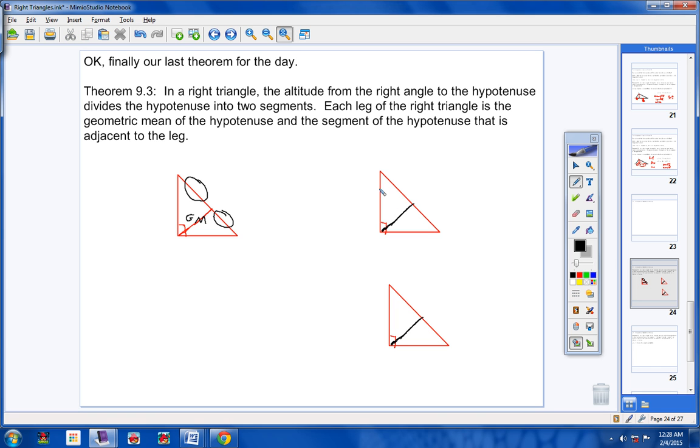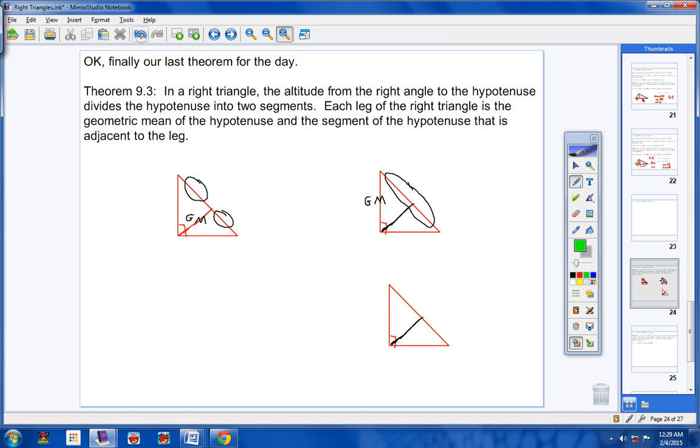Now, each leg of the right triangle is the geometric mean. So see this leg right here? This leg is the geometric mean of what two numbers? What does it say? Of the hypotenuse and the segment of the hypotenuse that's adjacent to the leg. So this leg right here is the geometric mean of, are you ready? This entire length here. That's one number, isn't it? And this length right here, I'm going to use a different color of ink because I'm so creative. Got it?